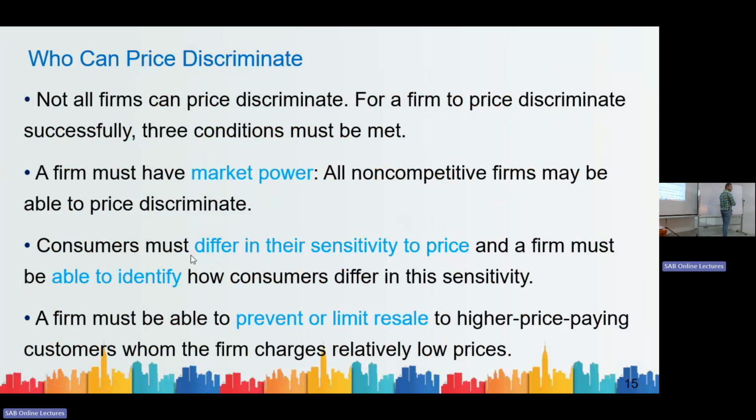So their sensitivity to price also differs a lot. Usually people who choose economy class have higher price sensitivity. Business class people usually have lower price sensitivity.